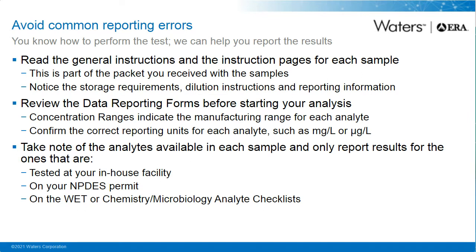You'll see the concentration range for each analyte, which is our manufacturing range. And this can really help when you set up your calibrations or make dilutions. Also, make note of the units required for each analyte, such as milligrams per liter or micrograms per liter. This is also really important because they might be different than what your lab uses for your daily samples.